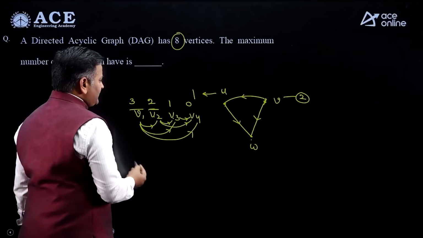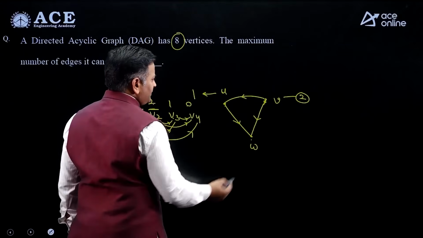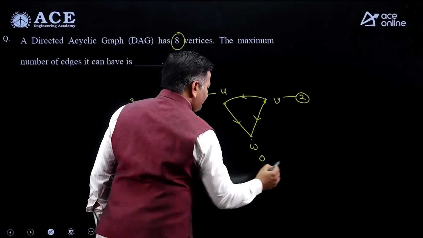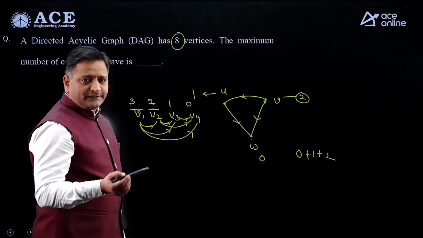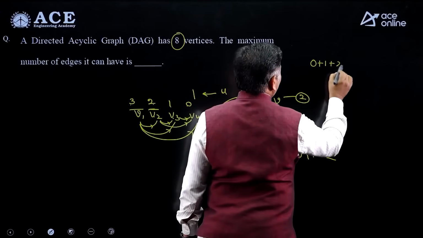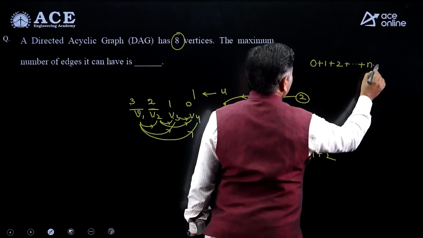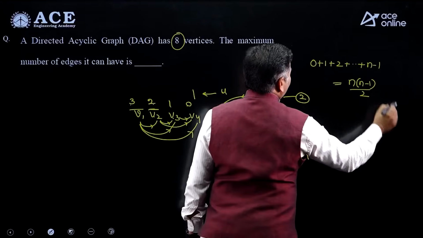Therefore, if you have four vertices, it is 0, 1, 2, 3. If you have three vertices, it is 0, 1, 2. In general, if you have n vertices, it is 0 plus 1 plus 2 and so on up to n minus 1, which equals the sum of n minus 1 natural numbers, n into n minus 1 by 2.